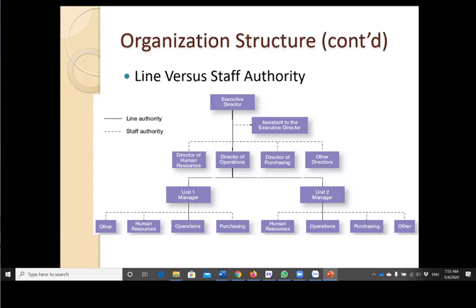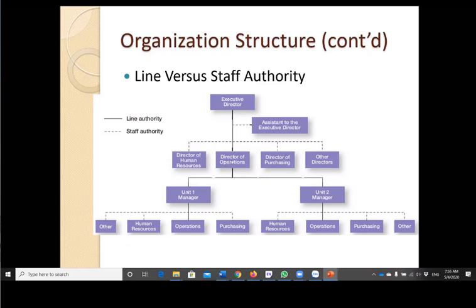his span of control will be how much? If you just put one person here. So his span of control is how much? How many people are under his span of control? You understand the question?